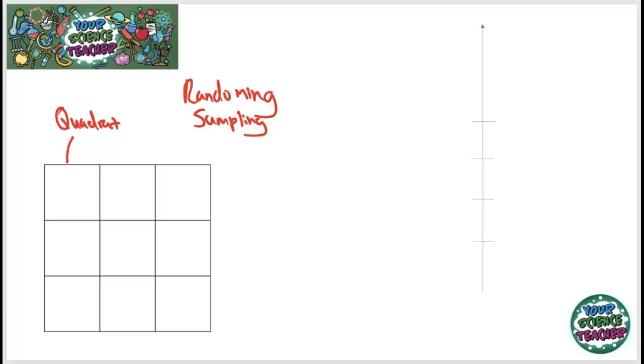Now, this is the technique that you would use if you have the same type of habitat. For example, if you've got a forest or a large field, you could use random sampling to decide where you want to place the quadrat, and then you could finally calculate how many of each species you have in that field or forest.